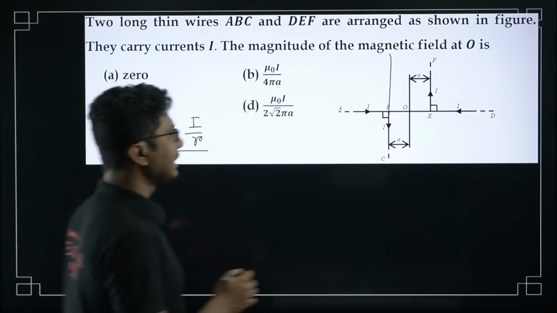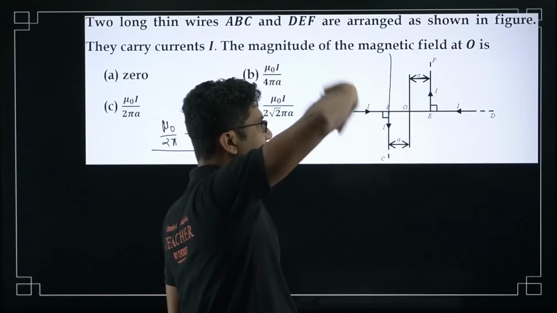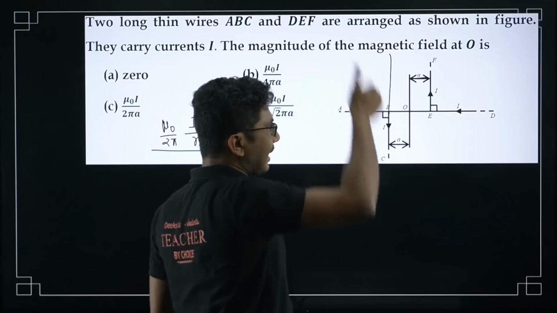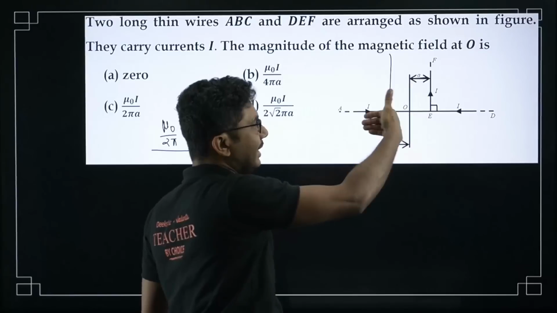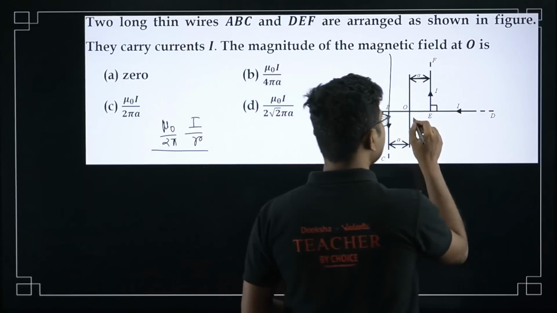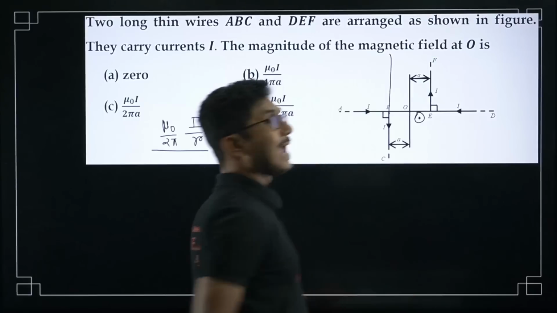Here this distance is a, this distance is also a. The magnetic field at O due to this current is outward, and the magnetic field at O due to the other current is also outward. So both give magnetic field outward, which means the fields will be added.